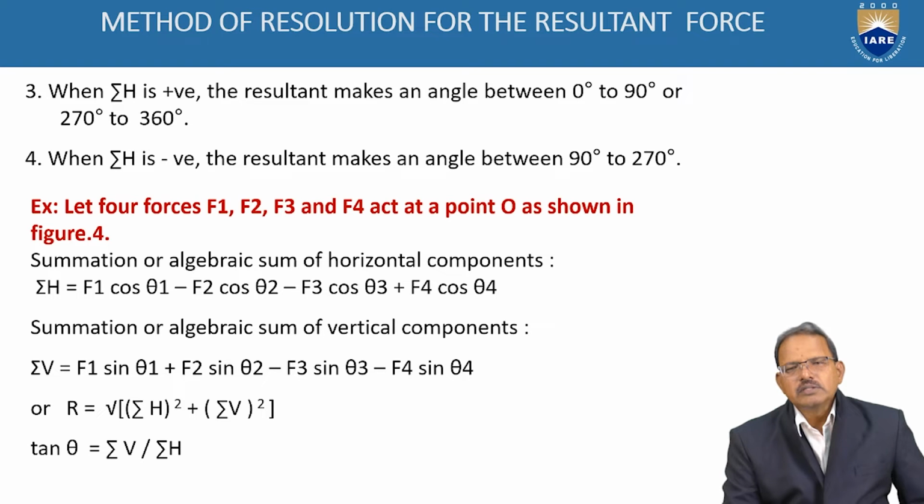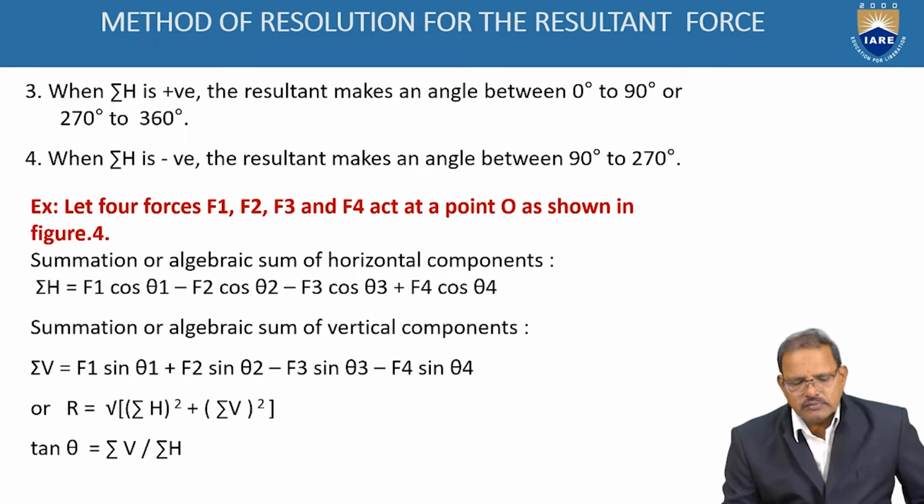And when sigma V is negative and sigma H is also negative, it lies in the third quadrant, and the inclination lies between 180 to 270 degrees. That means the resultant force inclination depends upon the algebraic values of the vertical component as well as the horizontal component of the resultant force.